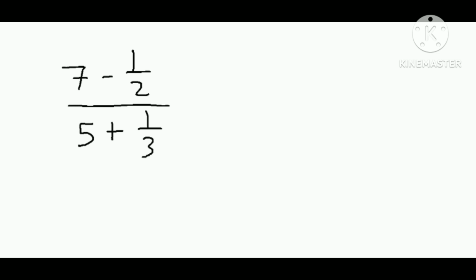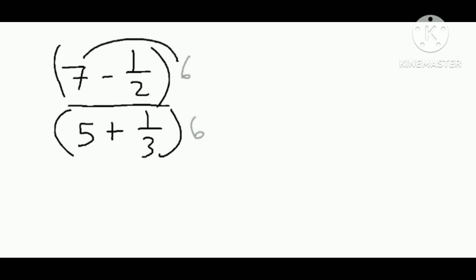Let's try another example like that. Let's say we have 7 minus 1/2 divided by 5 plus 1/3. Notice that we have two mini fractions within the larger fraction. So you want to multiply by the common denominator, which is 6. Let's distribute the 6. 7 times 6, that's 42.